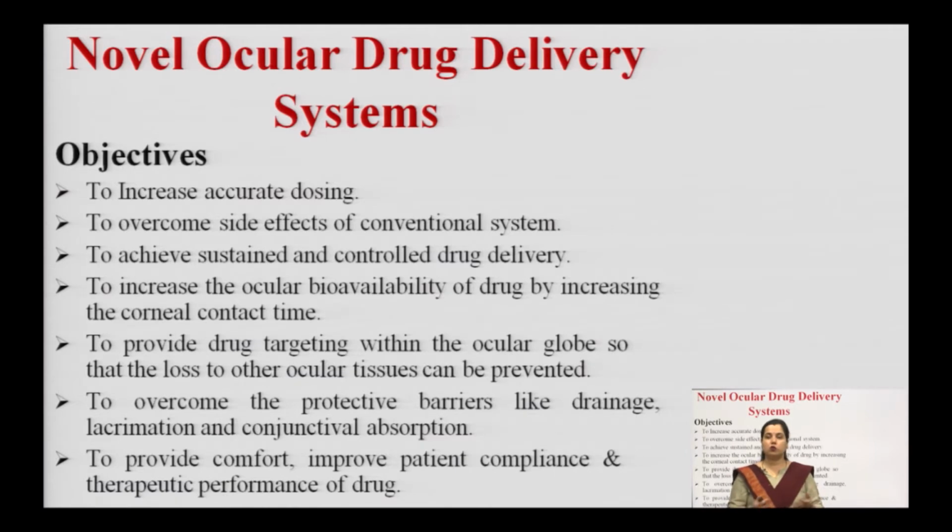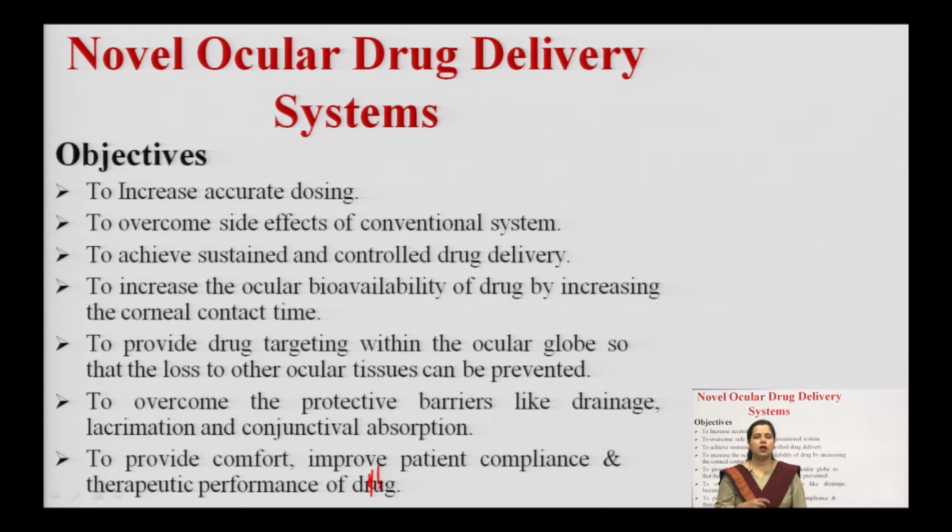These are the side effects which I have told you: lacrimal drainage, tear fluid dilution and nasolacrimal drainage, right. All these are problems associated with conventional systems. Though the route of absorption or the elimination part is the same for all types of preparation going through the eye, it can be controlled or manipulated in such a way that we can have the maximum results for the drug within the eye region.